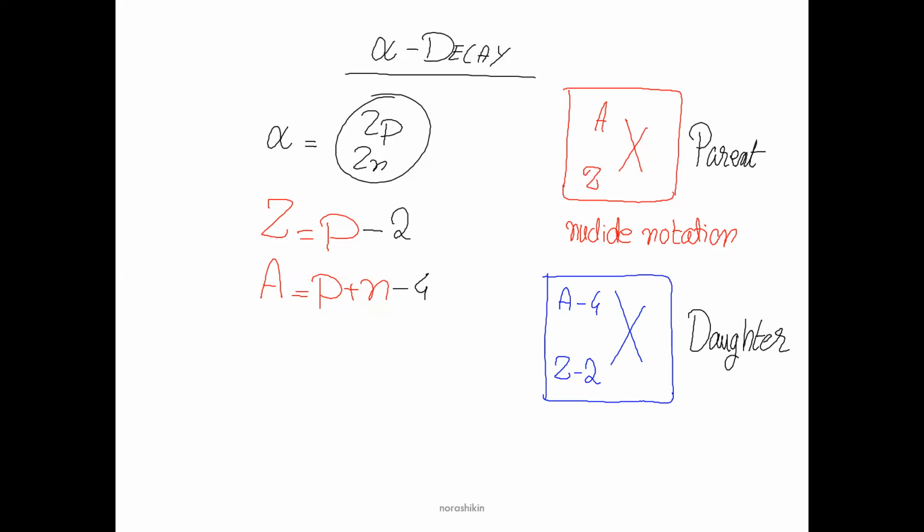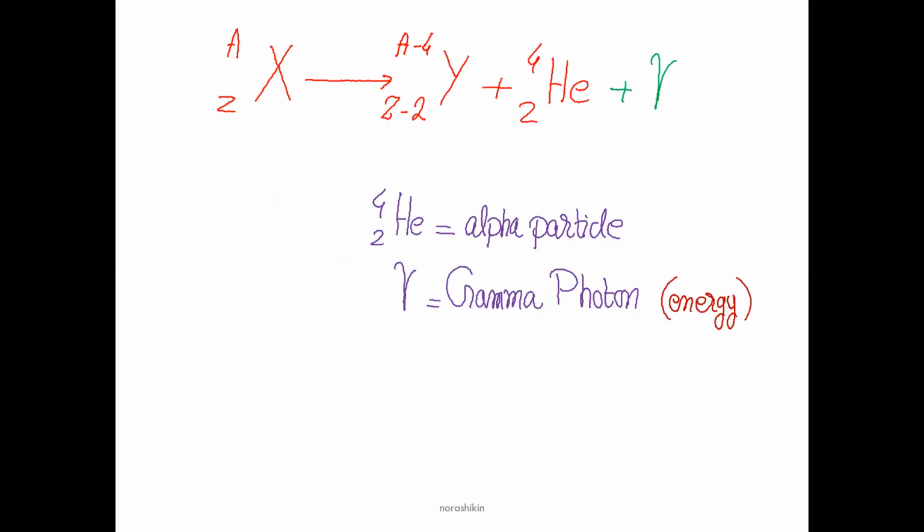This is an equation, a template to remember. Mass number is decreasing by 4 and atomic number is decreasing by 2. This is called alpha particle decay. You have to copy this.